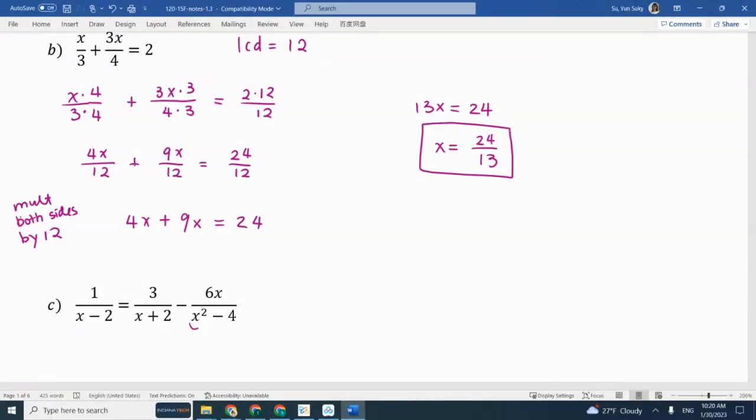Yes, this is x plus 2 and x minus 2. Right, everybody? So what is the least common denominator? We collect all the denominators, right? So which is x plus 2 and x minus 2.